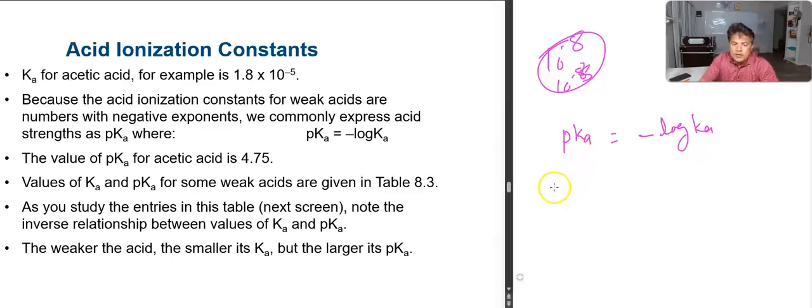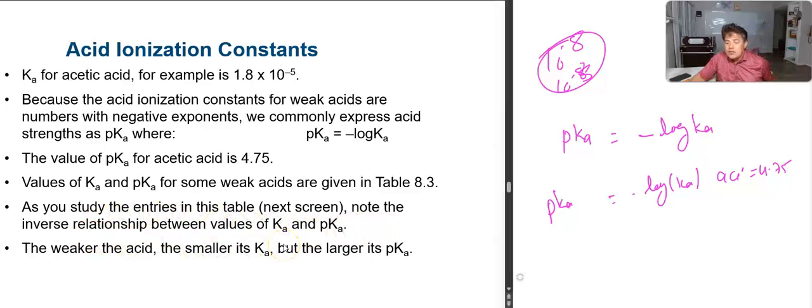The value of pKa, which is minus log Ka, for acetic acid is 4.75. Values of Ka and pKa for some weak acids are in table 8.3. We will see that table. As you study the entries in this table, note the inverse relationship between the values of Ka and pKa.